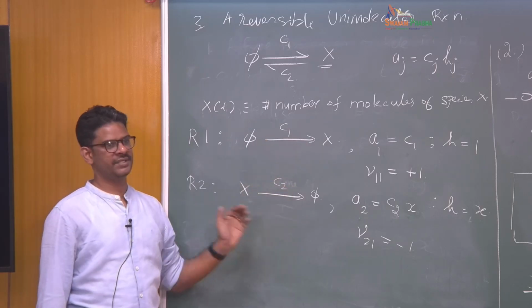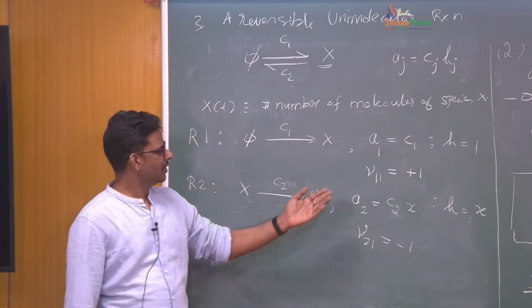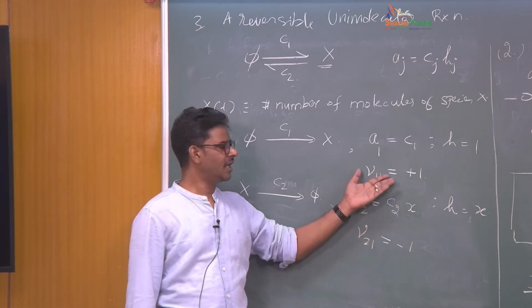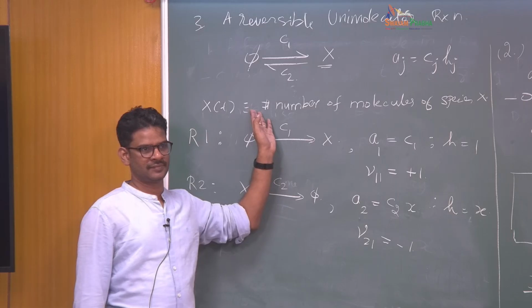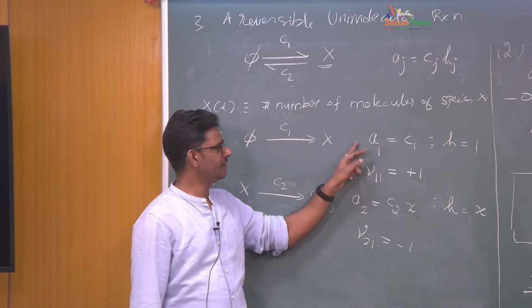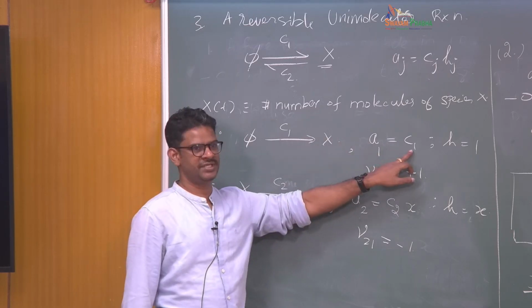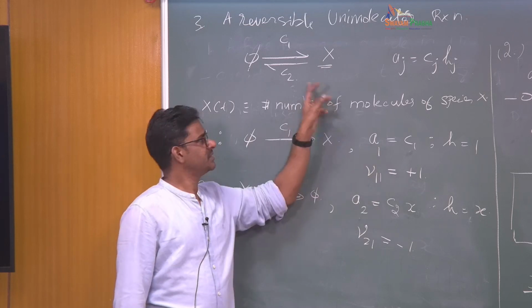Now once we specify the reaction, we have to specify two additional things. How do we write the propensity function? In other words, the rate. And how this reaction will change my state variable X. Basically meaning that we have to define what is A and what is nu. A for the first reaction is simply C1 because it's the zeroth order reaction. And how this reaction is affecting my state variable X?